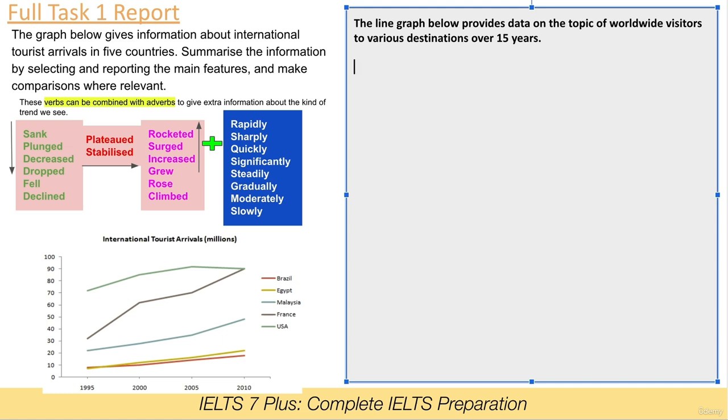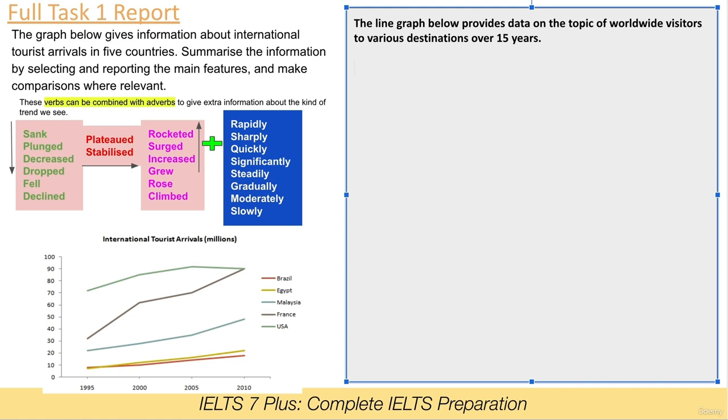Now we want to go to our overview. So we want to give a line or two and basically summarize what we see. And we'll go into details later. So a nice way to start off an overview can be words like generally, overall, on the whole. I'm sure you have synonyms that you like to use.